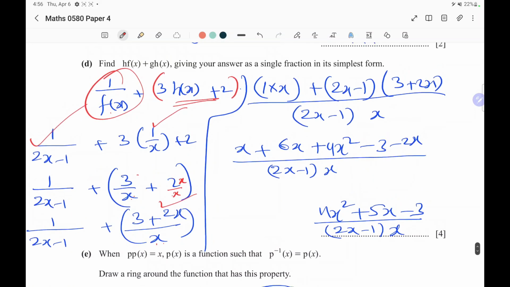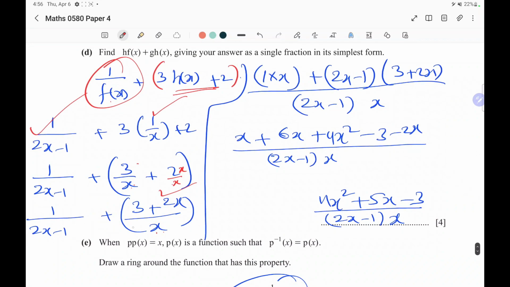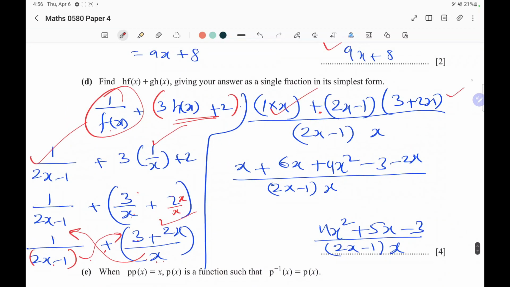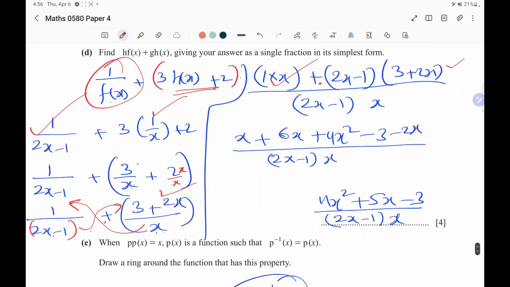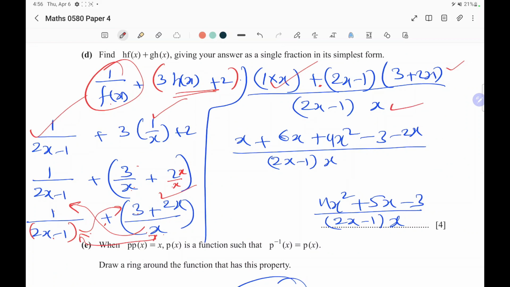So you know how I teach you, you can cross multiply this x with them and this bracket with them. So 1 times x, you can check here. If it is plus sign, then write plus sign here. Now 2x minus 1 times 3 plus 2x here. And in denominator you have to multiply these two. So 2x minus 1 times x here.